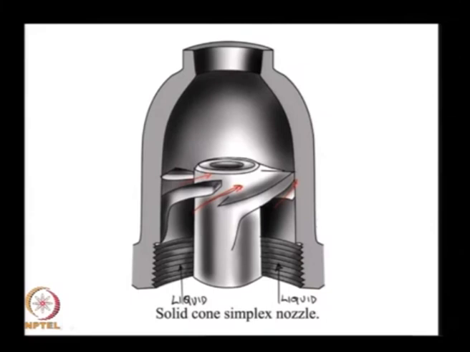Okay. So, you create a natural swirl inside this chamber that is going to be oriented in that direction, except you are also introducing some liquid directly through the middle through a center orifice.